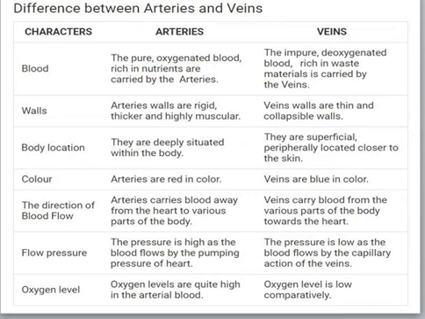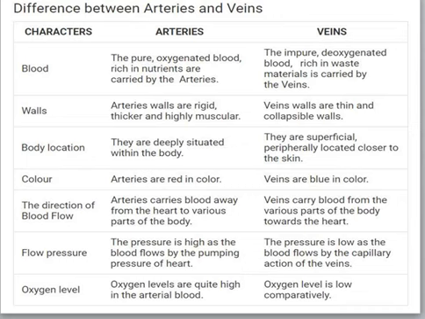Based on the structures, artery walls are rigid, thicker and highly muscular, and in case of veins, walls are thin and collapsible. Based on the location, arteries are deeply situated within the body. Veins are superficially located, closer to the skin. Based on their appearance or color, arteries are red in color, veins are blue in color.